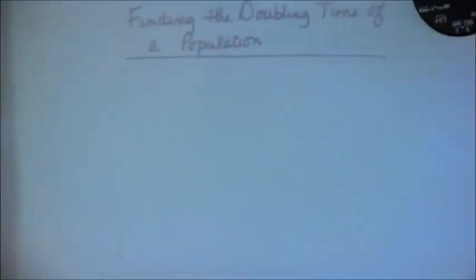Okay, now this is another population growth problem. We did one the other day on the exponential, the Malthusian population. This is doubling population. There's the formula.